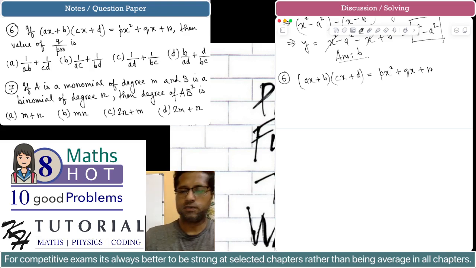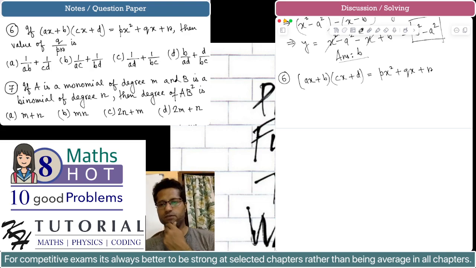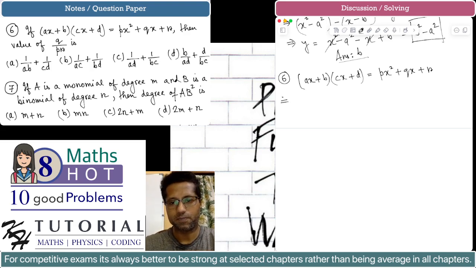So as you can see, the right hand side of this equation is some kind of expanded form of the left hand side. So it is better we perform the product of the two binomials given in the left hand side.